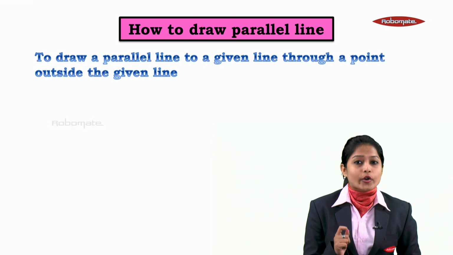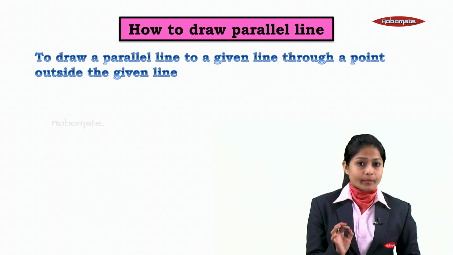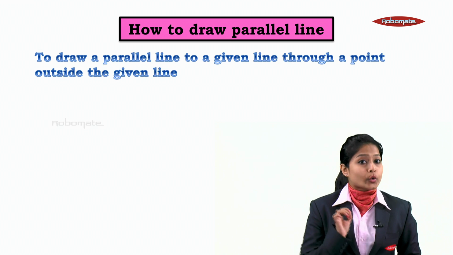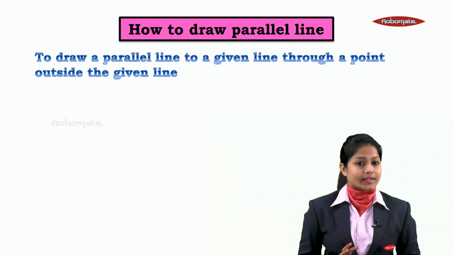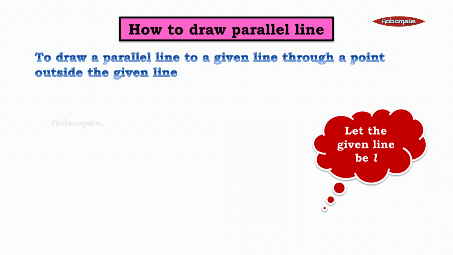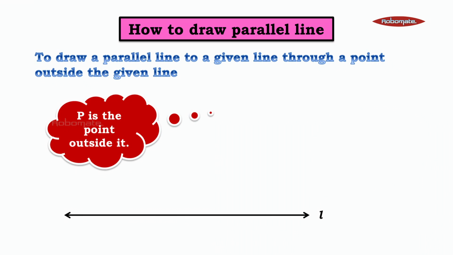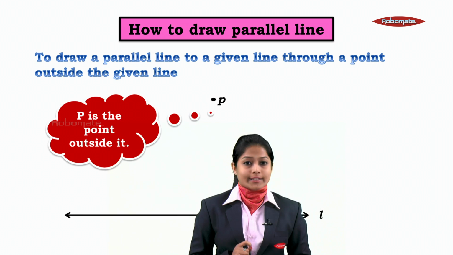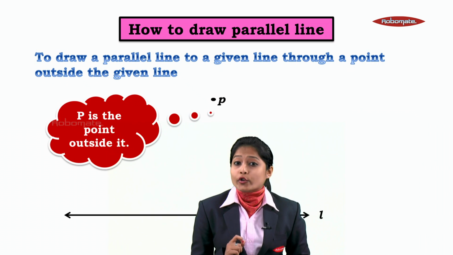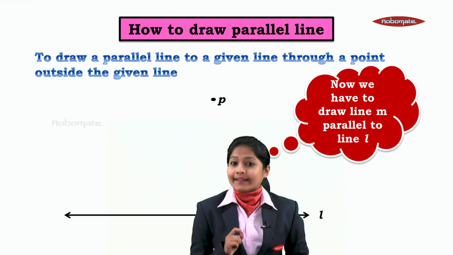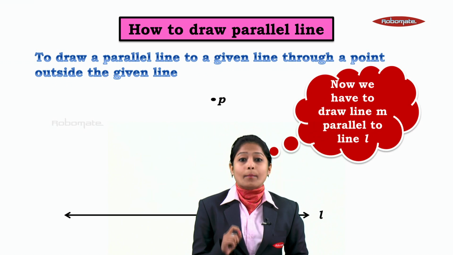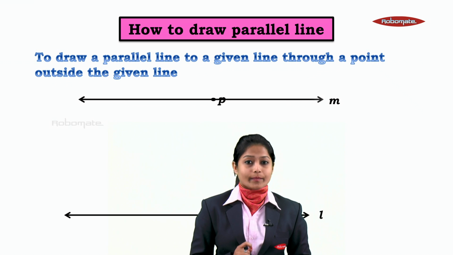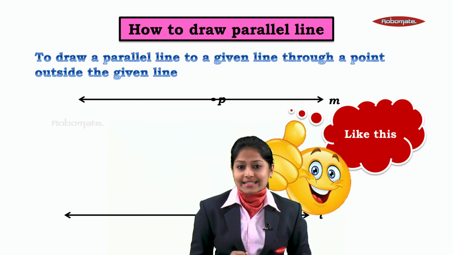Now students, let us proceed ahead and learn how to draw a parallel line. So we have to draw a parallel line to a given line through a point outside the given line. So let the line be L and let P be the point outside it. And we have to draw a parallel line passing through the point P. Something like this.